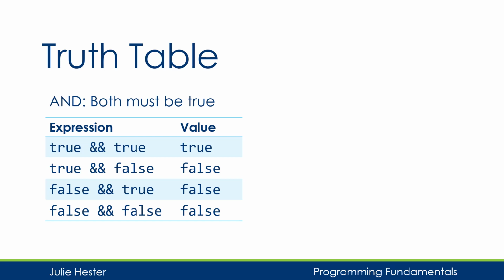So if I have true and true, that's going to have a value of true. But if either side or both sides are false, the value will be false. So that's true and false, false and true, or false and false. So with the AND operator, we have four possible expressions, and only one of them is true.